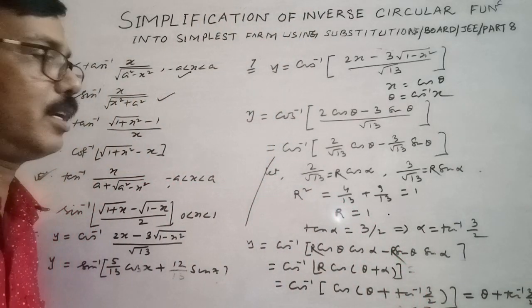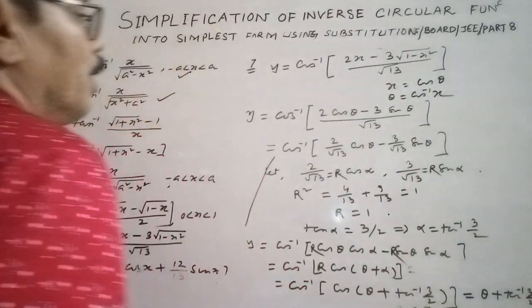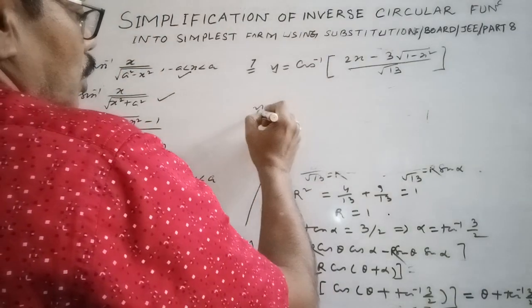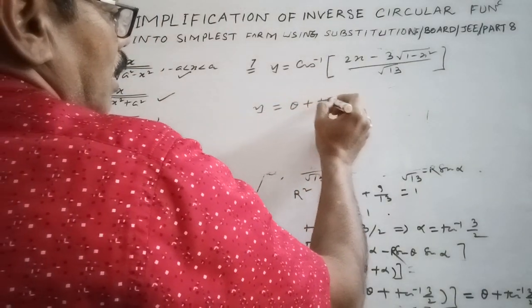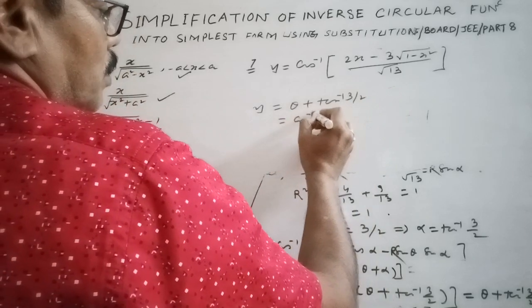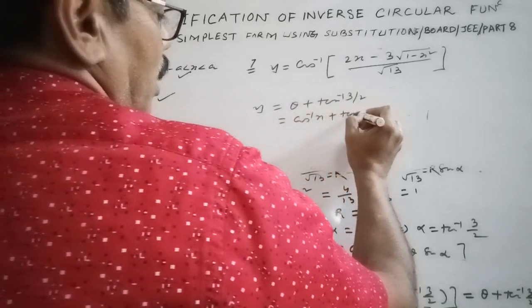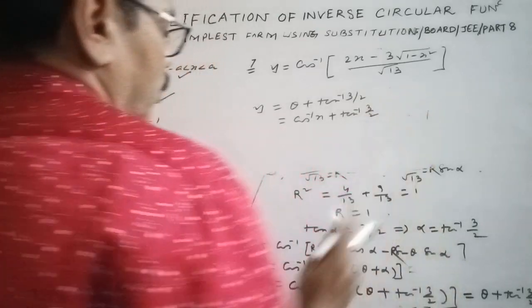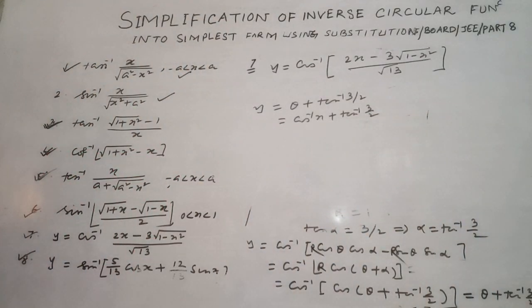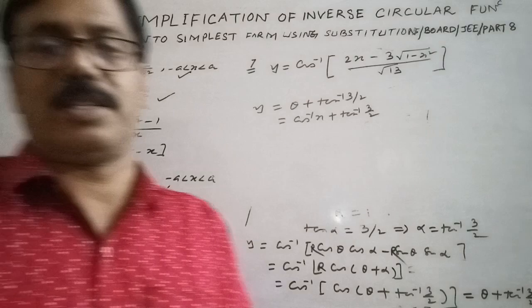So what is y? y equals theta plus tan inverse 3 by 2. Theta is cos inverse x, so y equals cos inverse x plus tan inverse 3 by 2. So this is the simplified form.